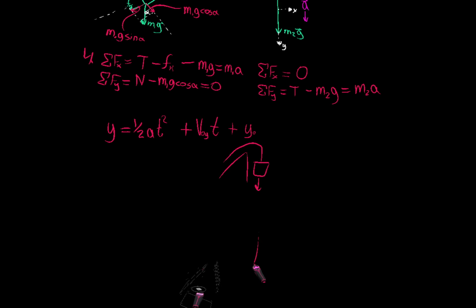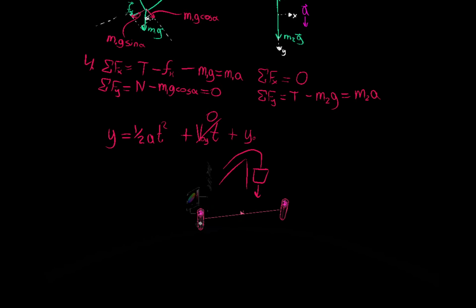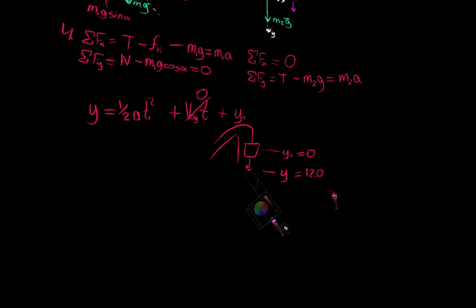So did it have any initial velocity? No, it was released from rest. So v naught y is 0. So we don't have that. And then the way that we defined it, y naught, this was y naught, and this is y, right? So we called y naught 0 so that we can call y 12, right? So y naught is 0.